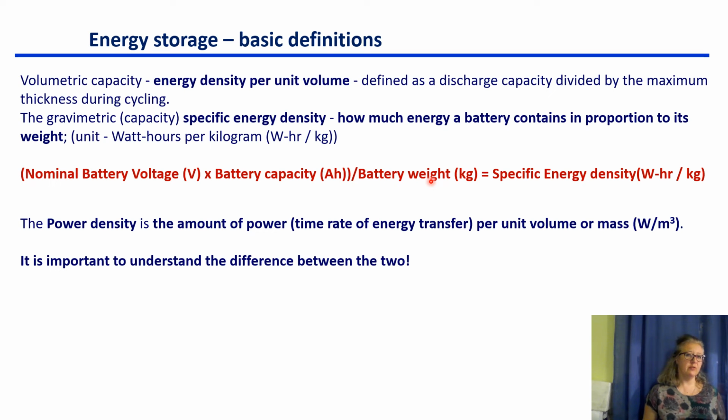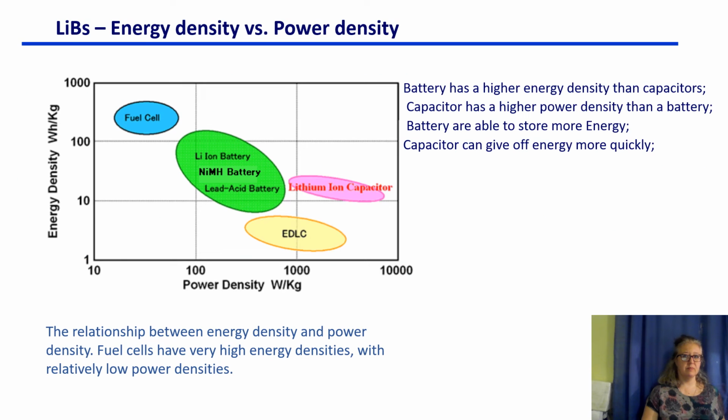The difference between power density and energy density is similar to that of energy and power. Batteries have higher energy density than capacitors, but capacitors have a higher power density than batteries. Thus, batteries may store more energy, but capacitors can give off energy more quickly.